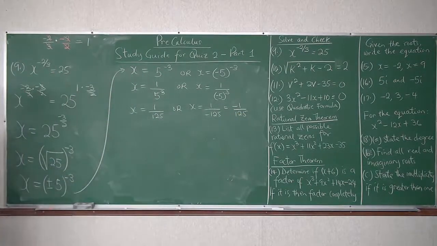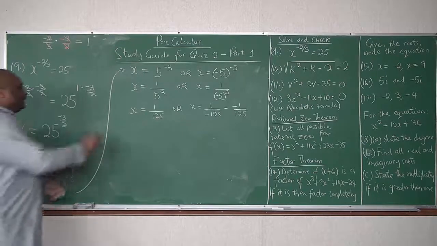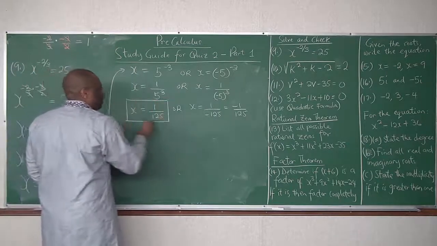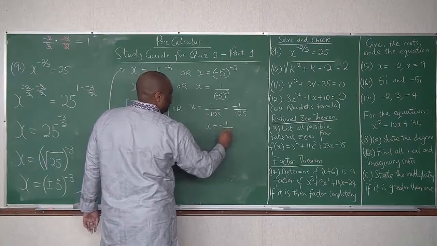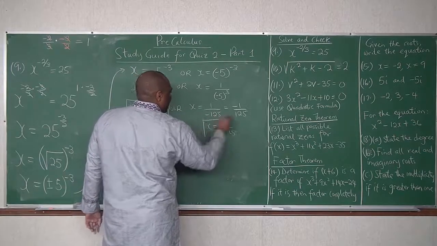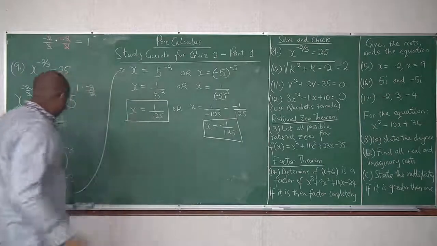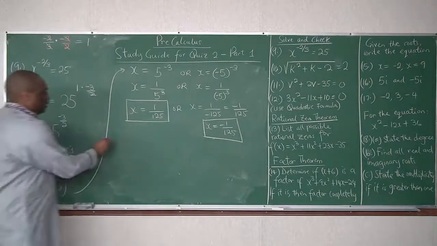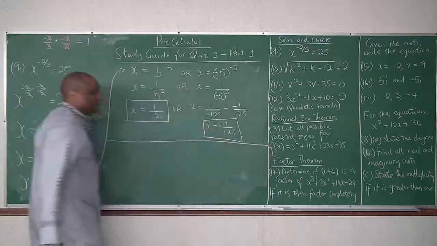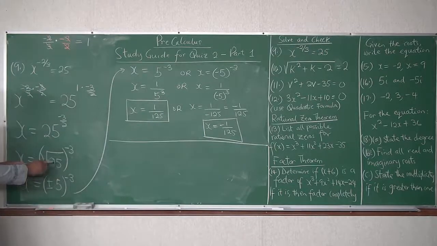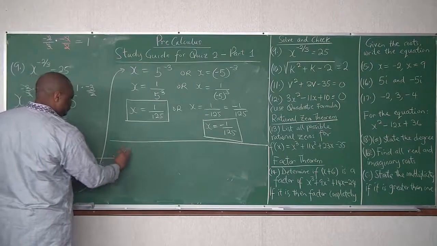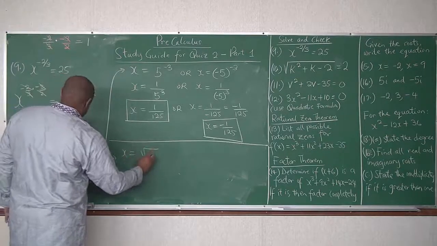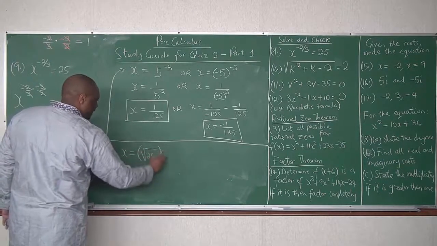See that? Negative 1 over 125. Now, I want to say something. From here, you can also have it this way: square root of 25 exponent negative 3.